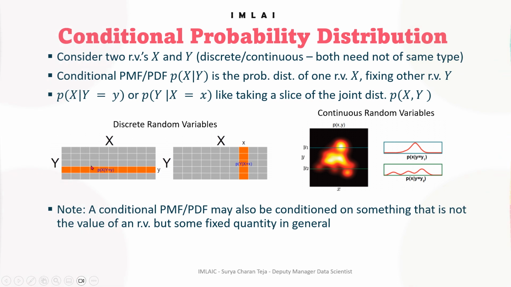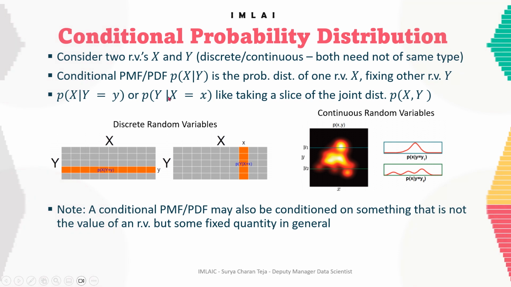It's like taking a slice of the joint distribution. This is the whole joint distribution P of X comma Y. But when we say probability of X given that Y has a particular value, that particular value of Y is this row. So I want X in this particular row, and obviously you're going to bring up a slice of the joint distribution. That's what happened here. The same thing applies the other way.